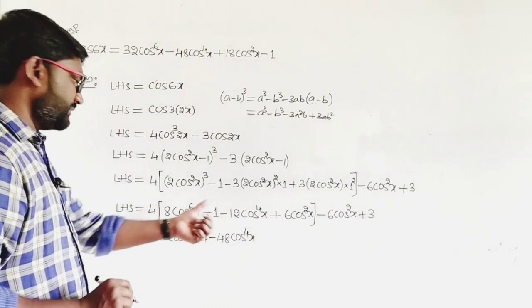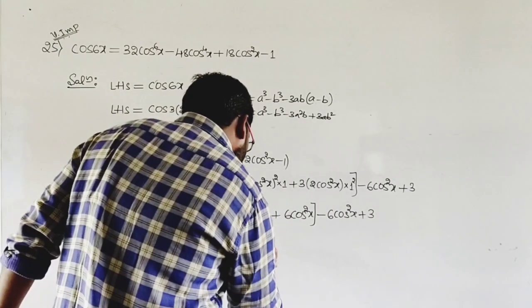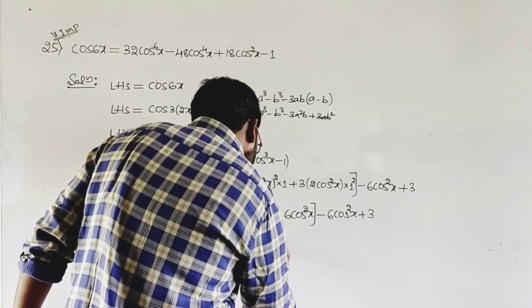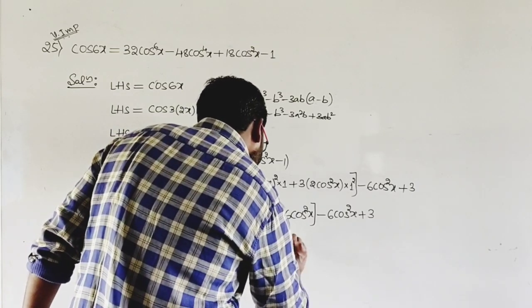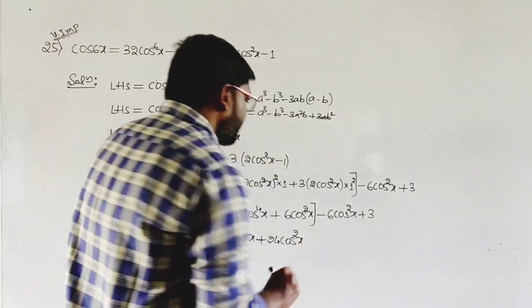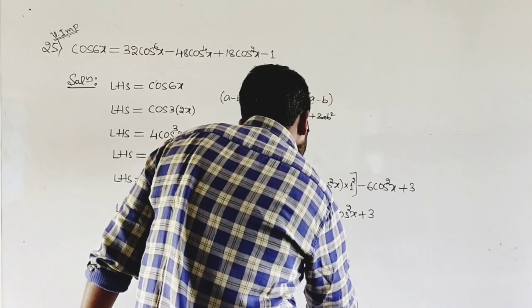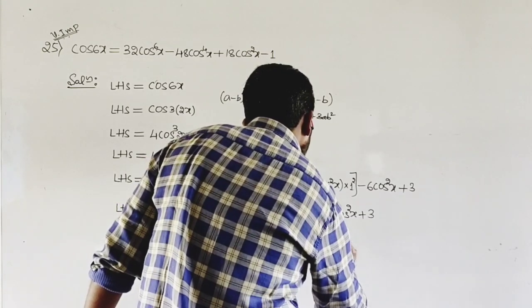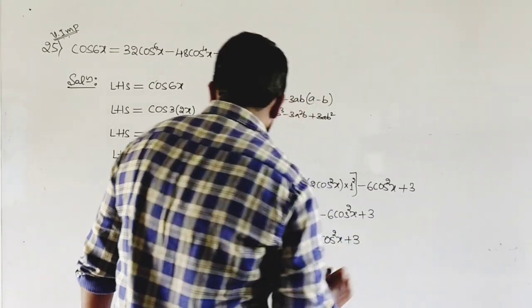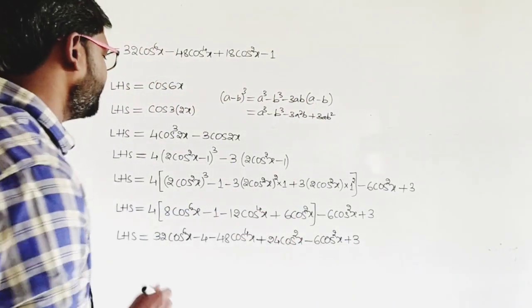Then plus 4 into 6 is 24, 24 cos square x. Then I write these two terms as it is. Minus 6 cos square x. Then plus 3.